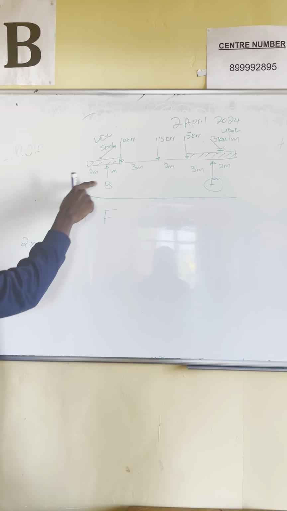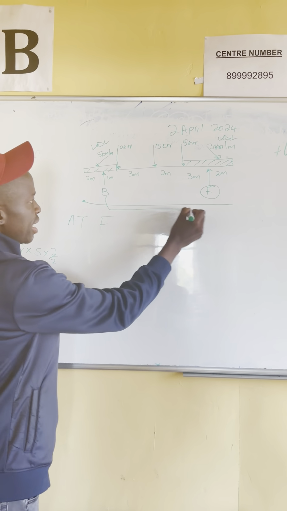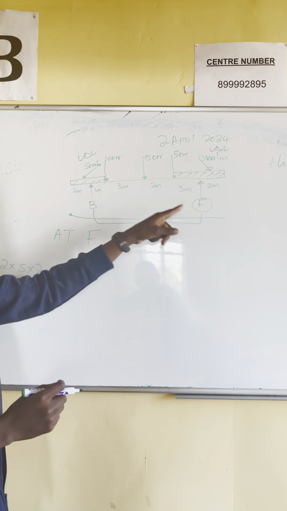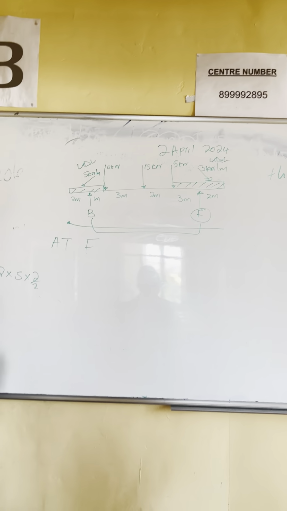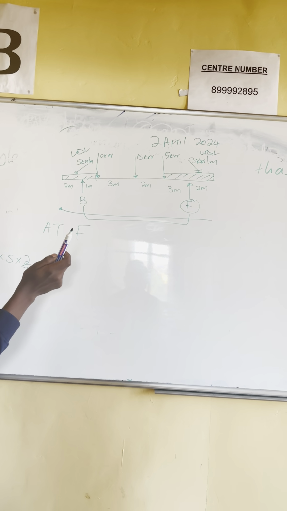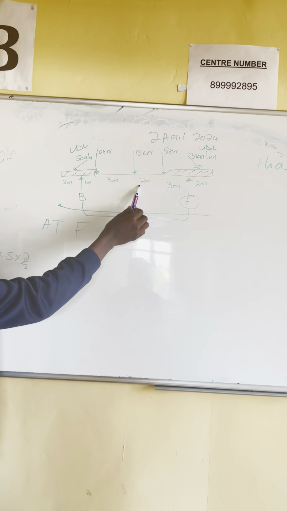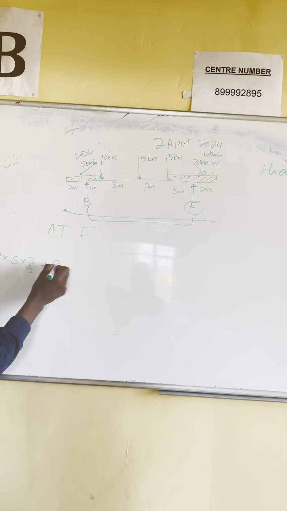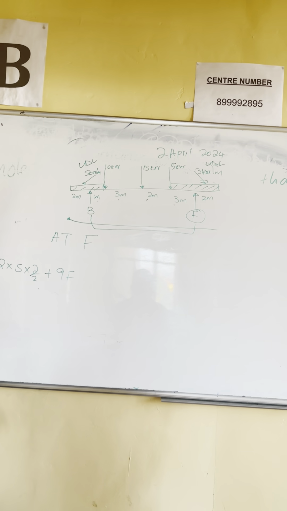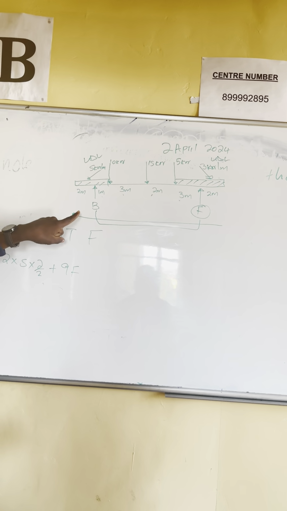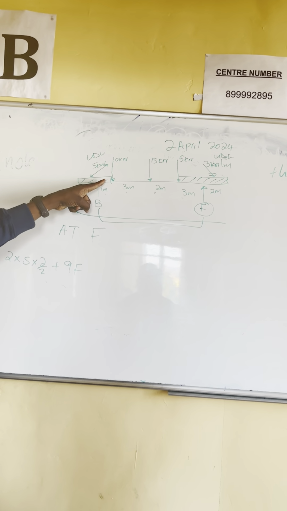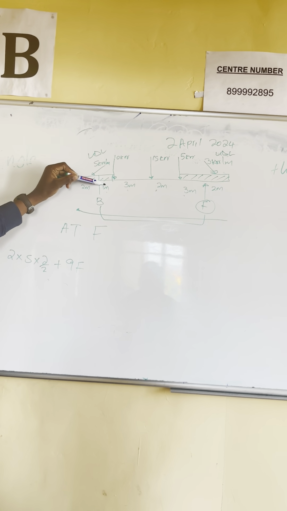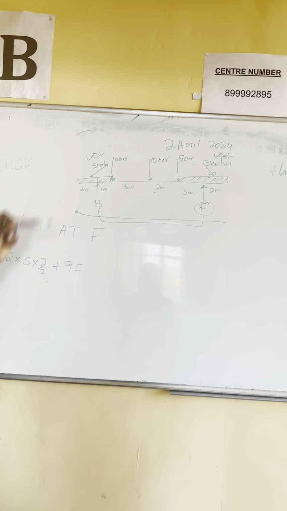Now when you go inside the support, the distance goes with the letter that you're looking for. You have to calculate. This is 3 meters, 2 meters, 3 meters, 1 meter. So it's 4, which becomes 9F. And then you are going inside. When you go inside, you still have a UDL here. Now it's from 1 meter, you multiply by this 5.